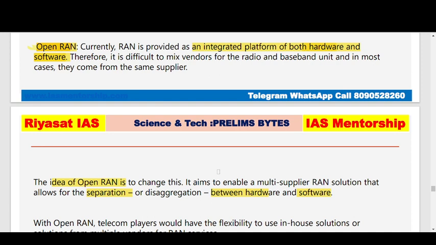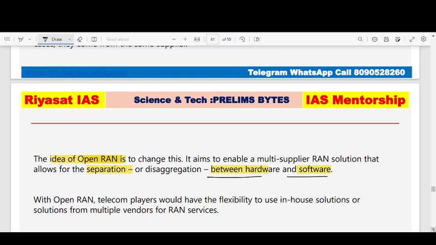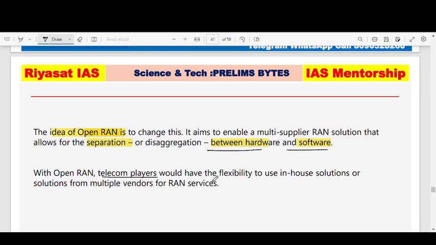Otherwise it will be confusing, because hardware will require some other unit, software will require some other unit. So it gets difficult to mix vendors for the radio and baseband unit. So for that another RAN came, which is known as your Open RAN, to have separate hardware and software. With this, the telecom players will have the flexibility to use multiple RANs.